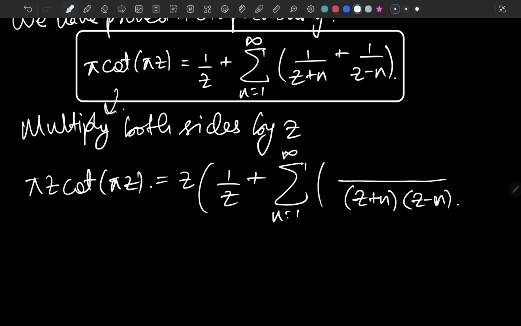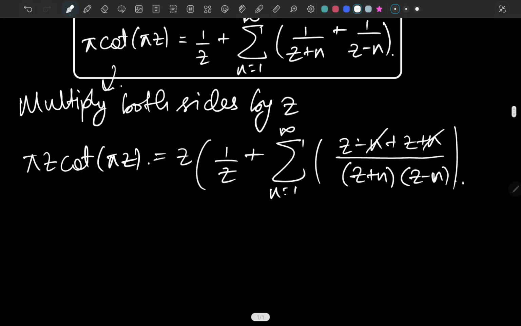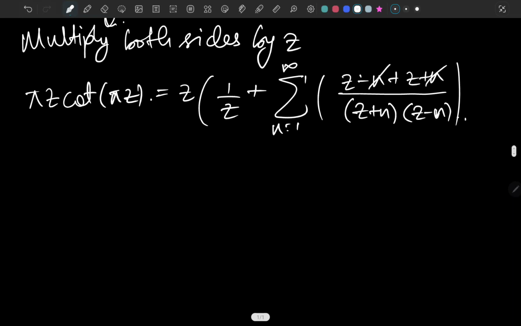And we have to take care about the numerator as well. So that's going to be z minus n plus z plus n. So this minus n and plus n are going to cancel each other out.